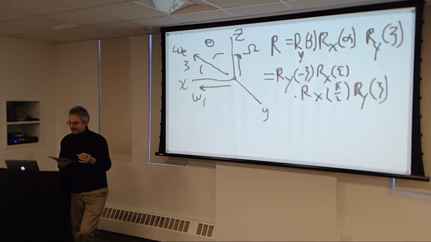So I've just written alpha as pi over 2 plus epsilon. And that would be equal to omega E times the length of the pulse. And the pulse is what I need to have a 90-degree pulse on resonance.